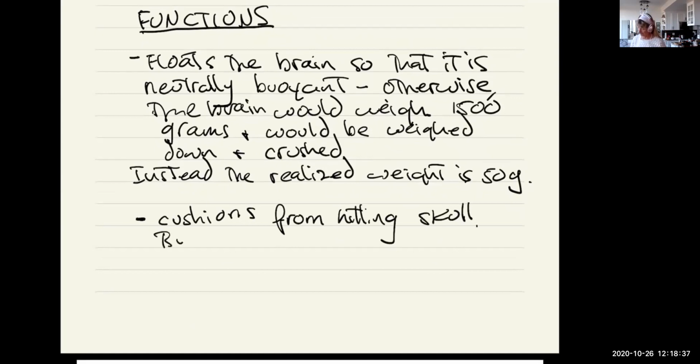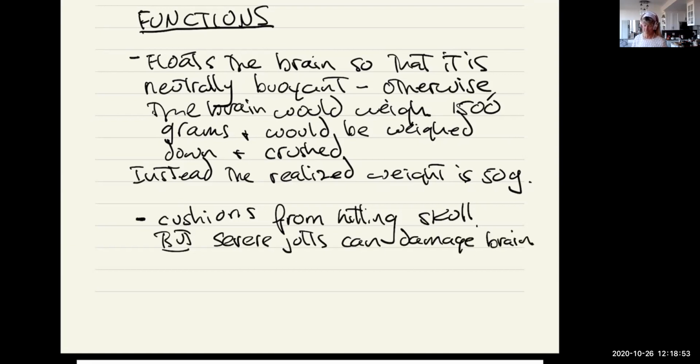But, of course, severe jolts can damage the brain. So the cerebrospinal fluid also maintains the chemical balance of the brain.